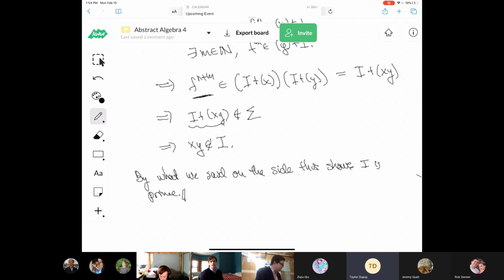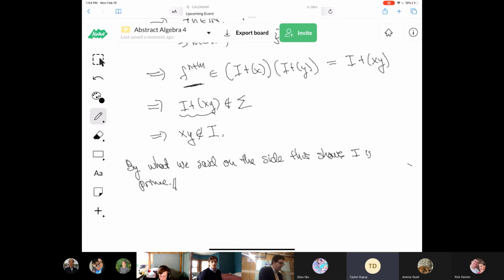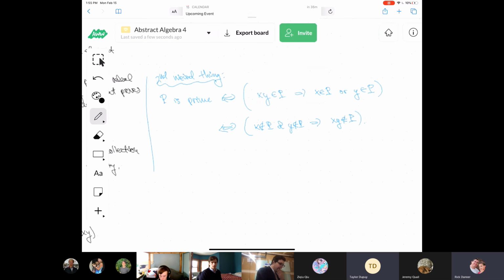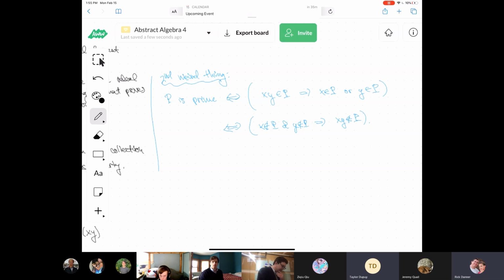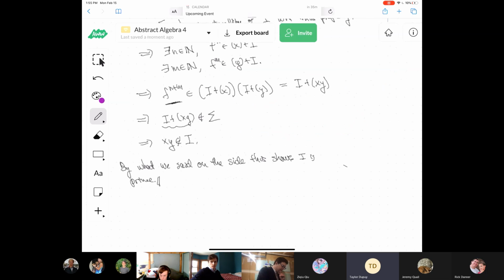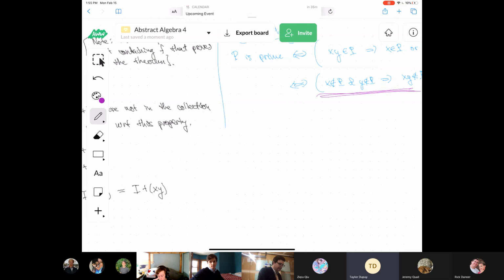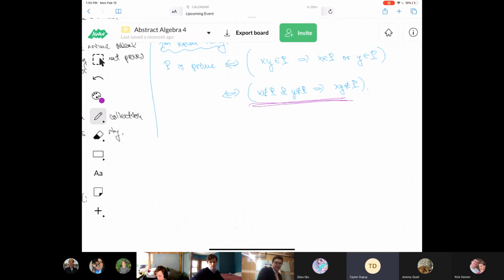That was the contrapositive of being prime. If xy is in I, then either one of them is, as you said. Suppose that they're both not in there. Yeah, that's right, we're using this statement here. So x and y are not in there, then that implied that xy is not in there.